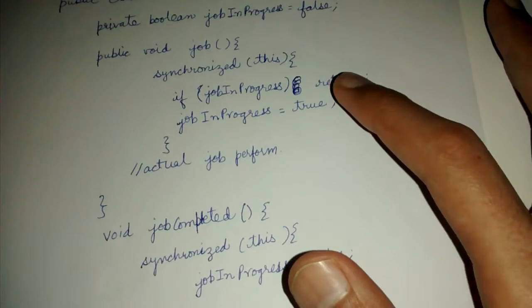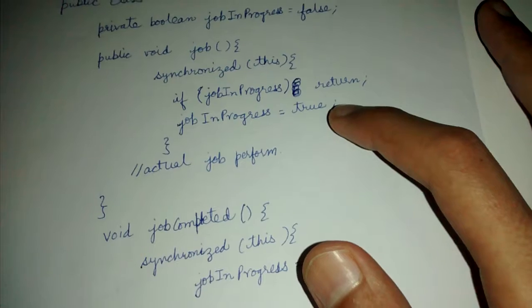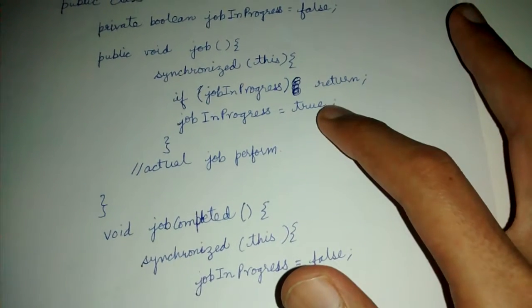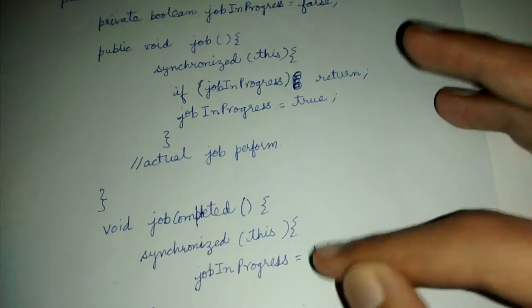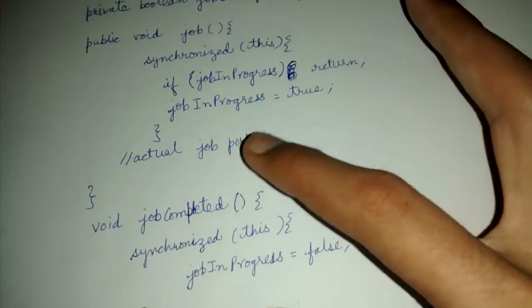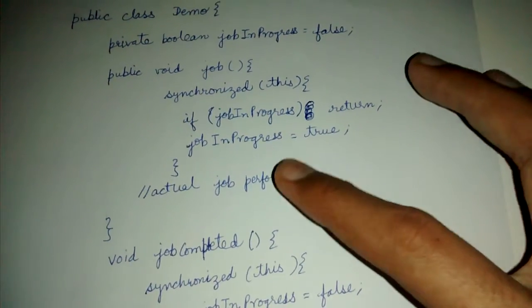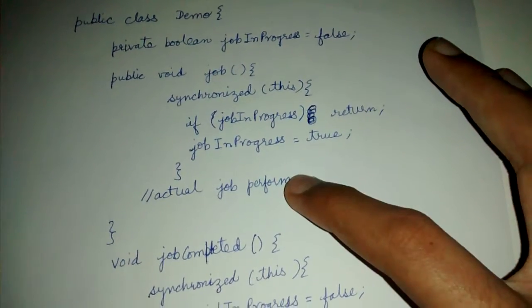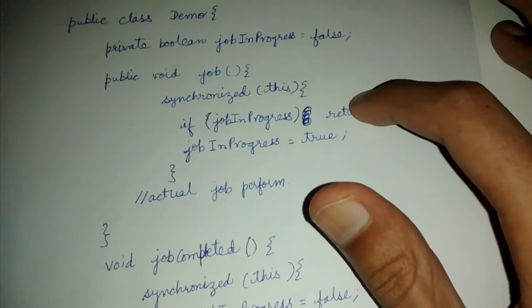So whenever we want to perform the job, we set this jobInProgress as true, and whenever we are done, we set it again to false. So basically here we are performing the actual job. When one of the threads is performing this actual job, all the other threads will return from this line only.